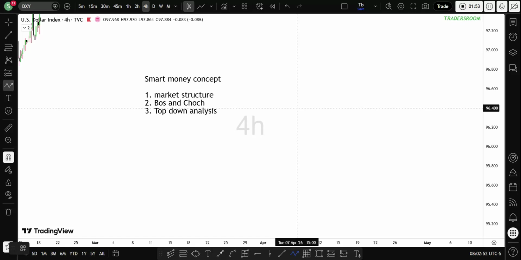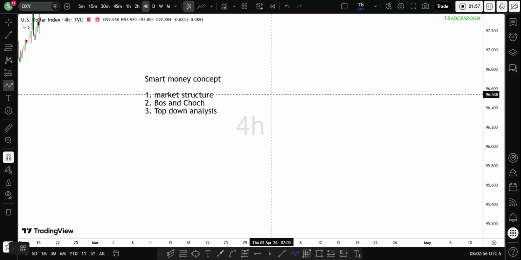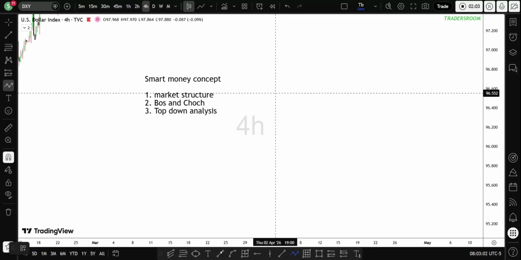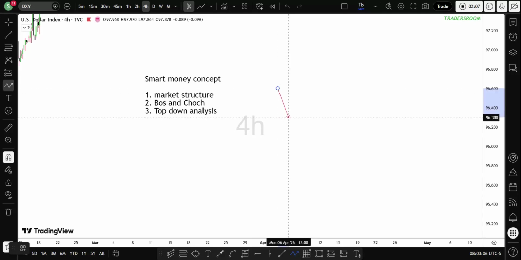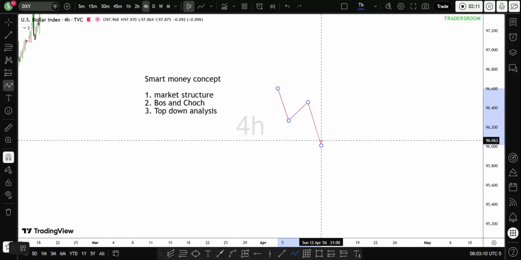So, without wasting much of our time, let's dive into the pictorial representation of how you see it on the chart. So market structure is basically, I think when we talk about trend, it's just the market giving us a trend.